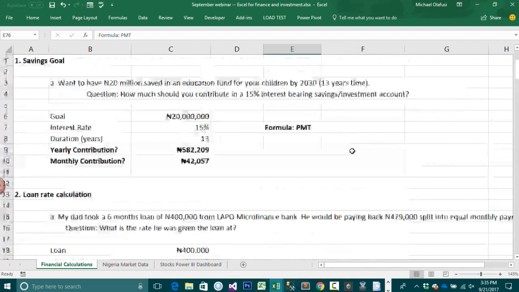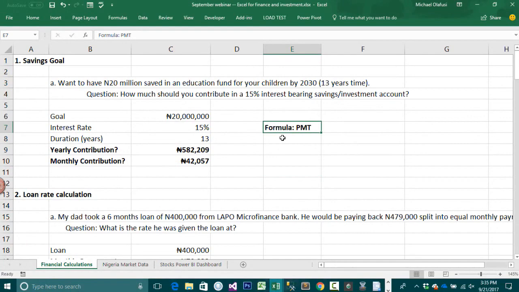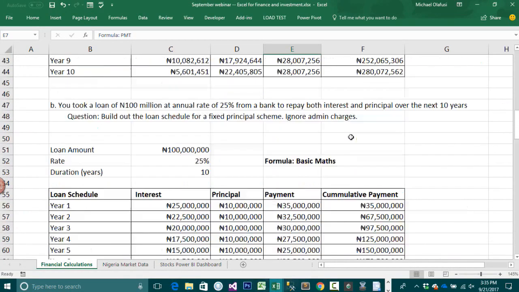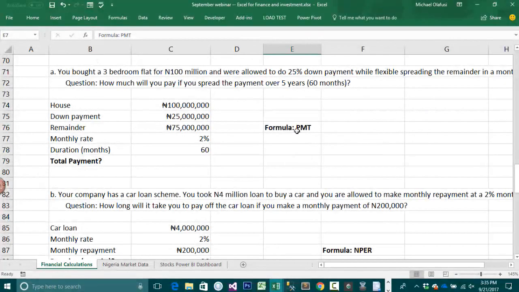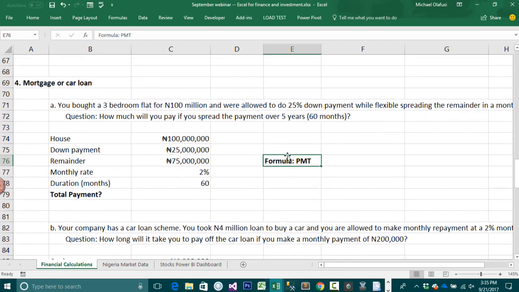We used it to calculate a savings goal, and now we are using it to calculate a loan repayment. You want to know how much you will need to be paying back every month if the rate is 2% monthly, and you have to pay 75 million naira over 5 years, 60 different months. So let's see how it works.